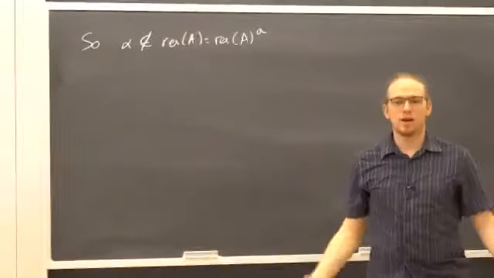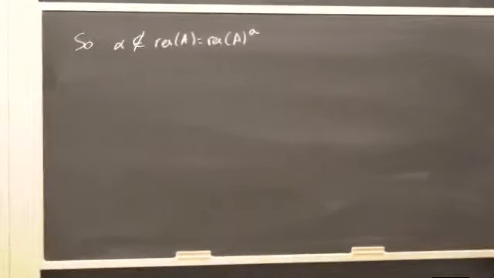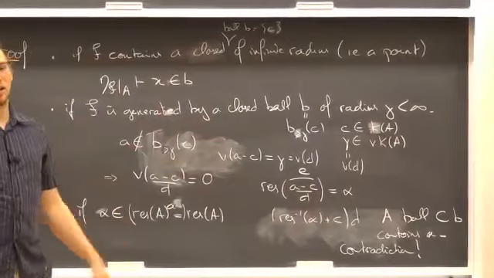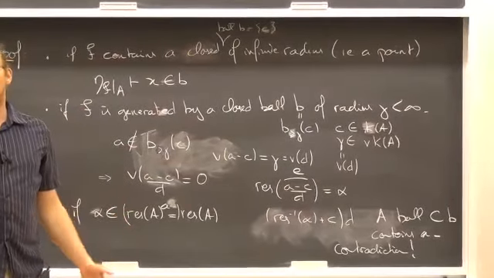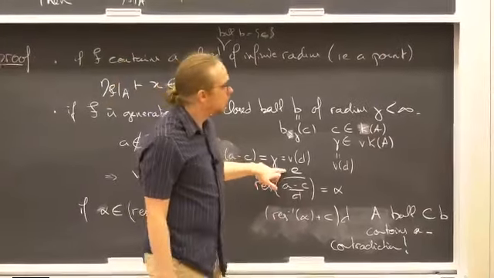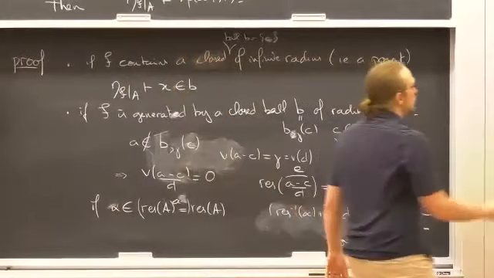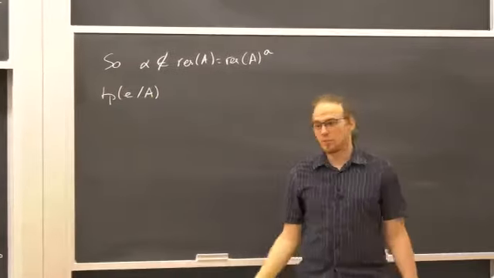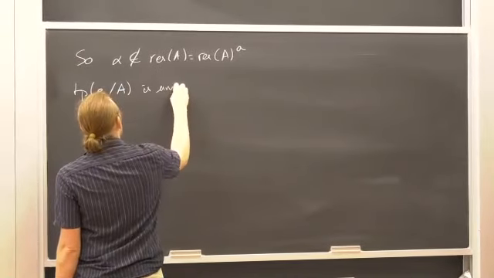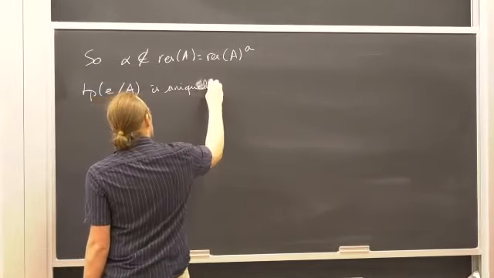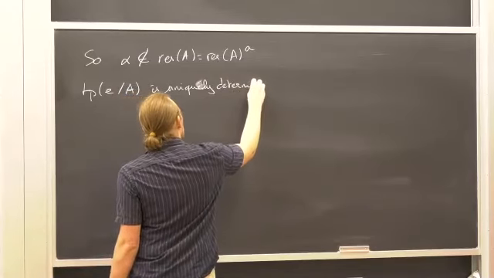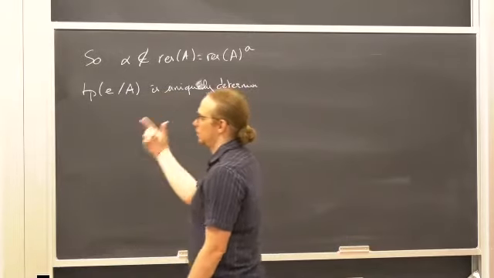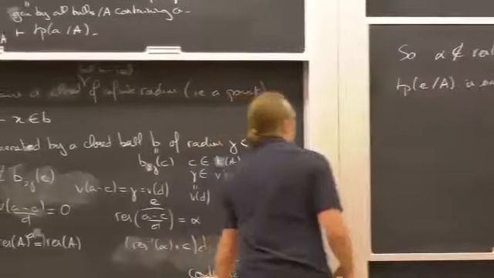And now we can apply our, so let's call this E. And now we can apply our theorem on residual extensions, because the type of E over A is uniquely determined. Well, what do I mean by that?